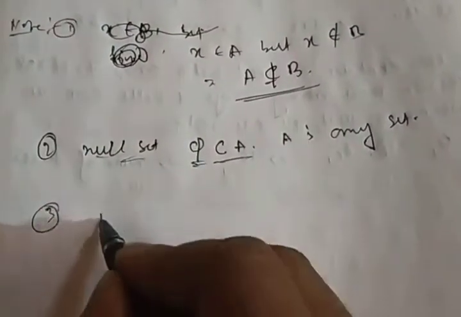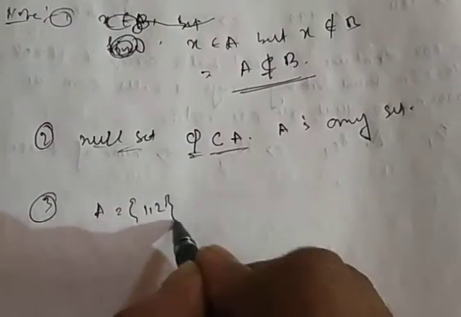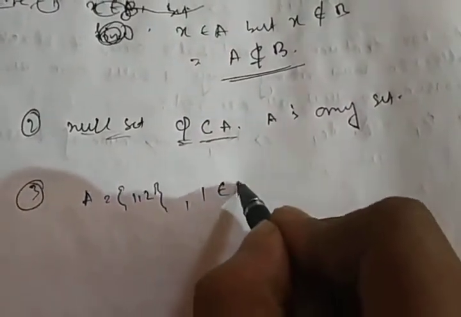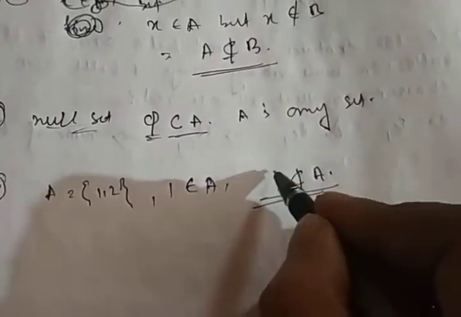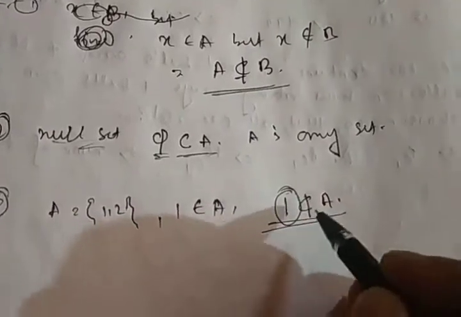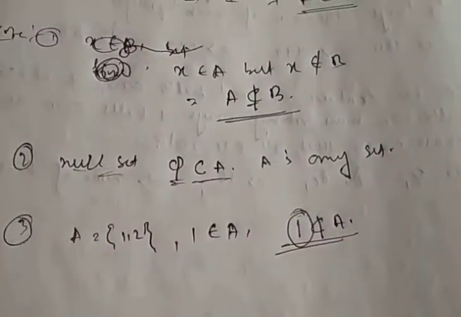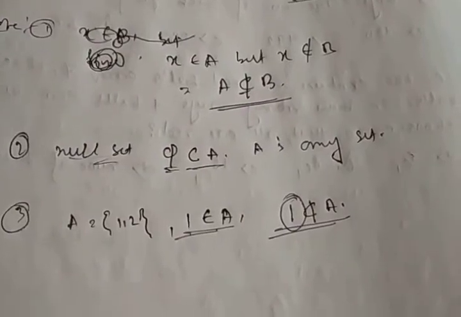That means if A equals {1, 2}, then 1 belongs to A, but 1 is not a subset of A. An element cannot be related to a set by a subset sign. It can only be represented as belongs to or does not belong to.